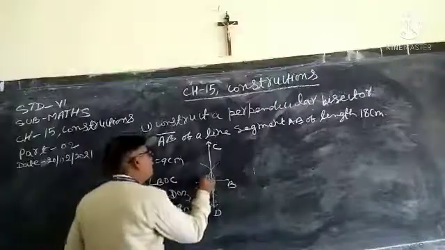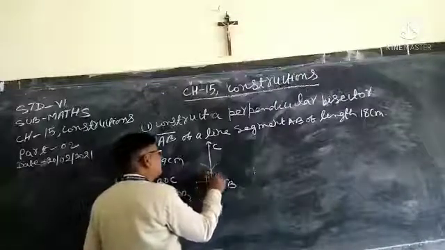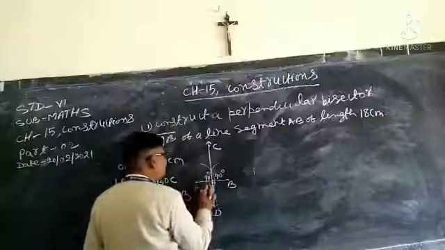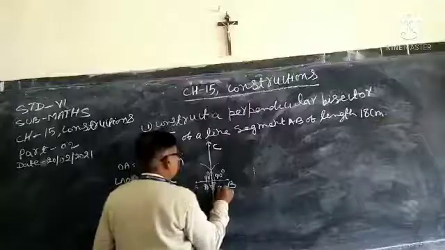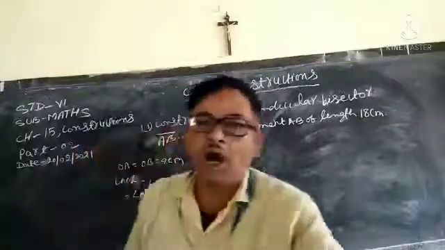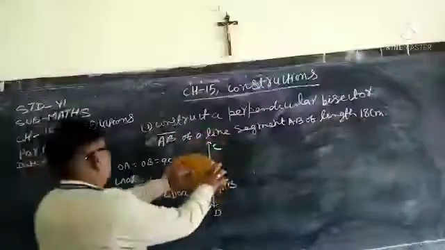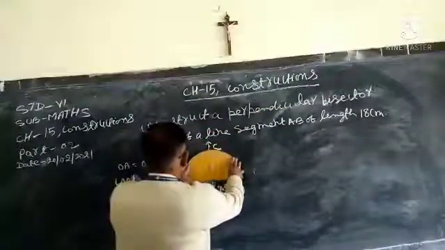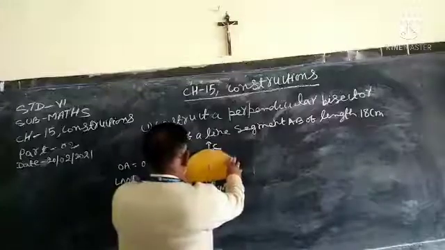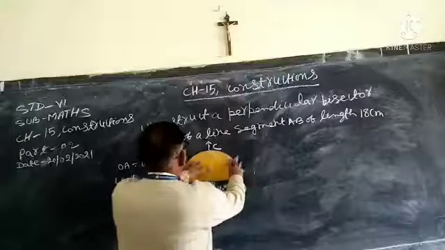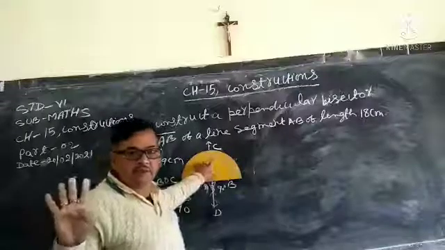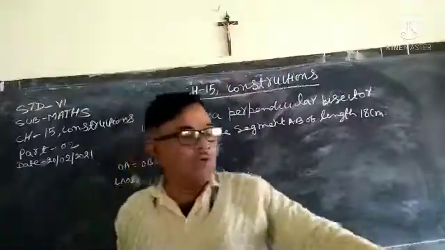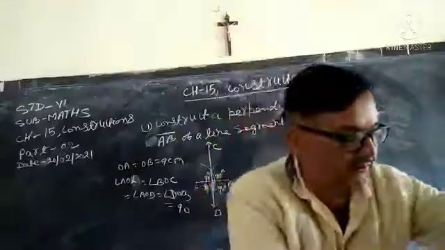Perpendicular means 90 degree, this one is also 90 degree, and 90 degree. Now how can you check? With the protractor you can measure. See this one. Is it clear? So that is how you bisect.